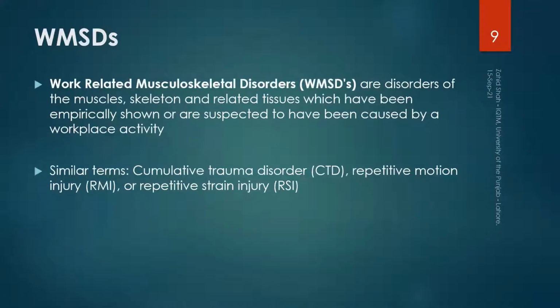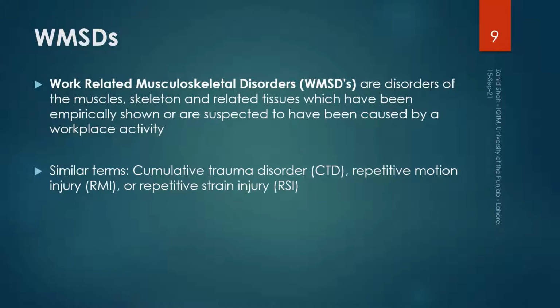So what is this term meaning? Work-related musculoskeletal disorders. These are the disorders of the muscles, skeleton, and related tissues which have been empirically shown or are suspected to have been caused by a workplace activity. Now, practically, it is very difficult to determine whether a certain disorder is because of the working conditions.